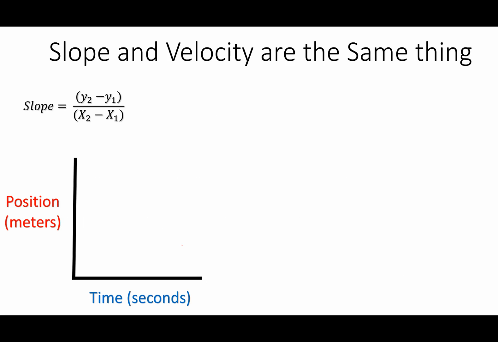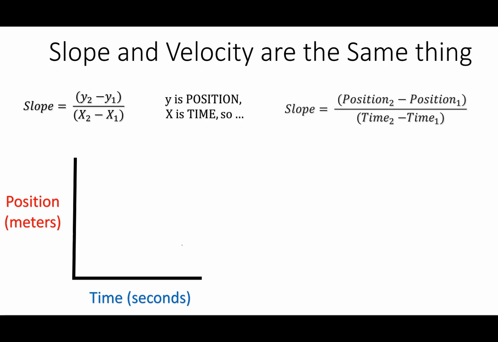So this is the slope formula in case you forgot: y2 minus y1 over x2 minus x1. This is just me proving more in depth that slope and the velocity are exactly the same. So y is position. So wherever you see the y here, you can substitute position. Wherever you see x, you can substitute time. So this is what you get.